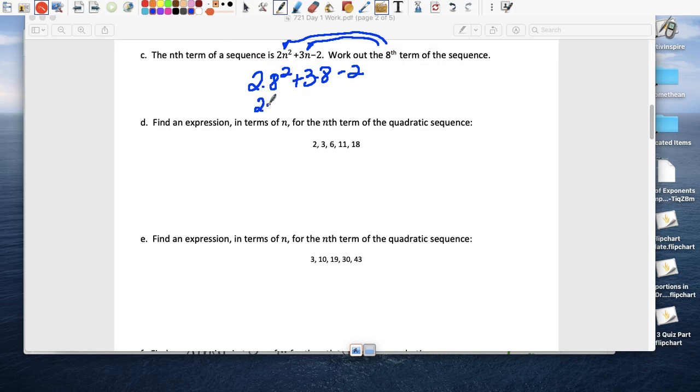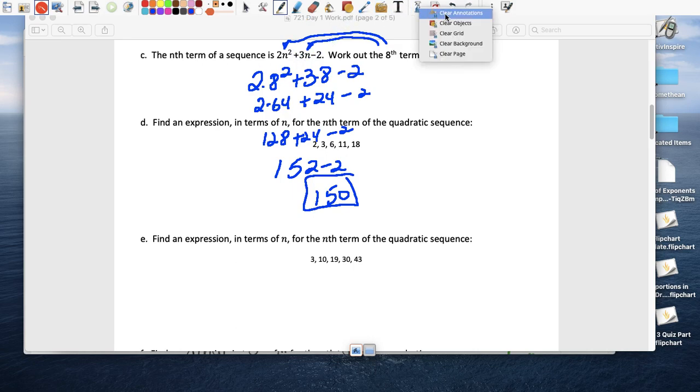So we're going to get 2 times 64 plus 3 times 8, which is 24, minus 2. 2 times 64 is 128 plus 24 minus 2. We're going to get 152 minus 2. Final answer, 150. So in the 8th term of this sequence, you would have 150.